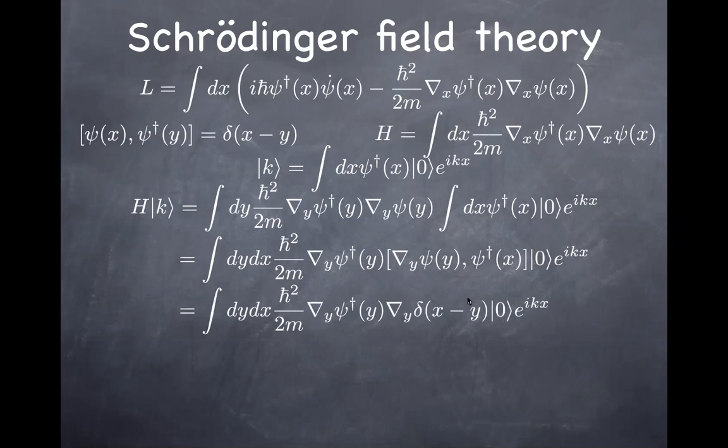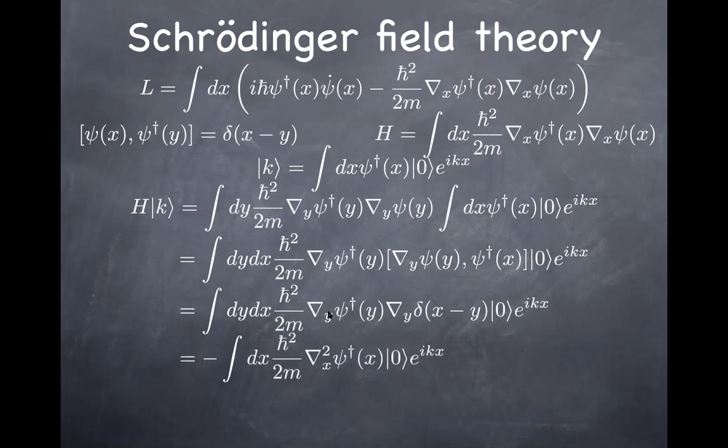Using this delta function, I'd like to integrate over y. But the expression is still a little inconvenient because the delta function has a derivative acting on it. We all know that the delta function vanishes at infinity, so it is really justified to do the integration by parts. I let this y derivative act on psi dagger of y instead, and I get a minus sign because of that.